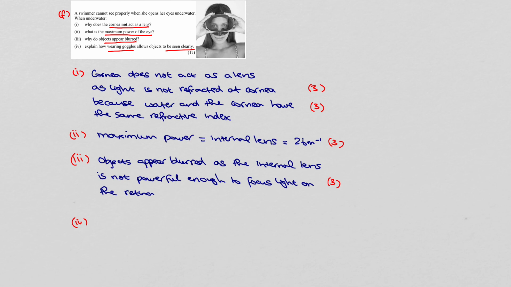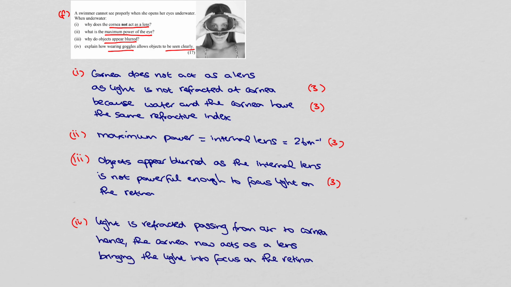So the fact that there's air in front of the cornea now means that the cornea is suddenly going to become part of the refractive system of the eye again, because we have a different refractive index between air and the cornea. So we were getting 3 marks for saying that light is refracted passing from air to the cornea. In other words, the cornea is now acting as part of the lens.